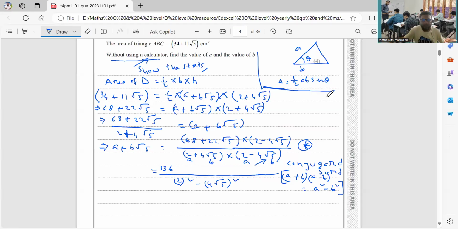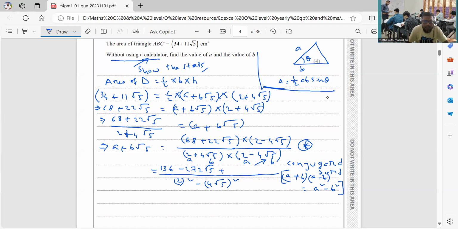Okay. So if you have a calculator like this, this is the calculator you have for the O level. Okay. So 68 multiplied by 2 will be 136, and 68 multiply 4 root 5. 68 multiply minus 4 root 5, the answer will be, okay, 68 multiply 4, so minus 272 root 5.